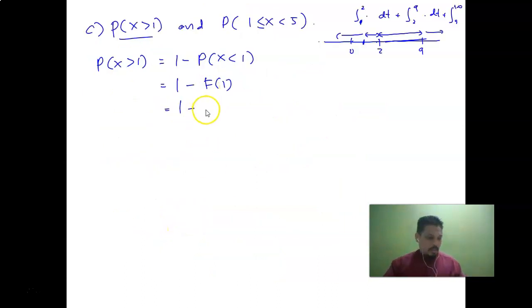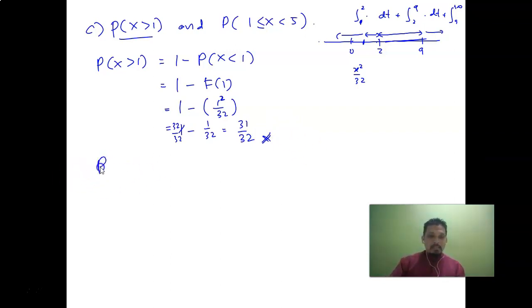So here 1 minus x squared over 32. Substitute x equal to 1. So 1 squared over 32. Then equal to 1 minus 1 over 32, let's imagine this is 32 over 32, minus 1, equal to 31 over 32.